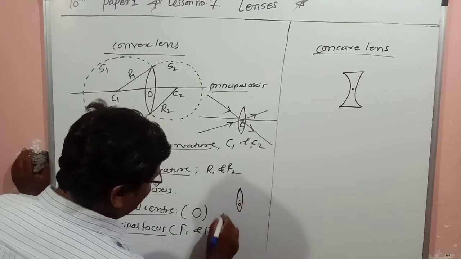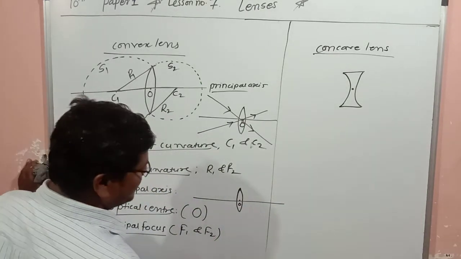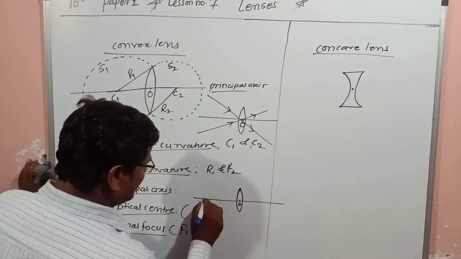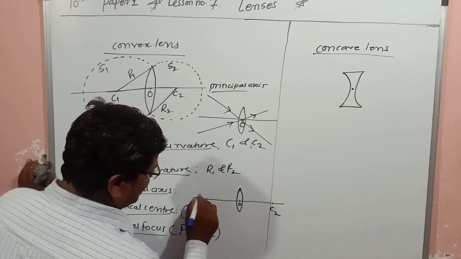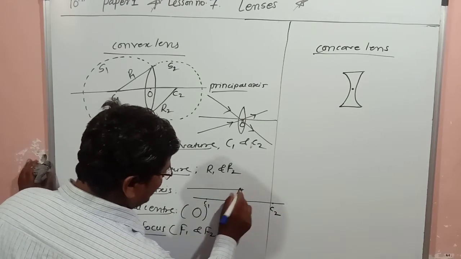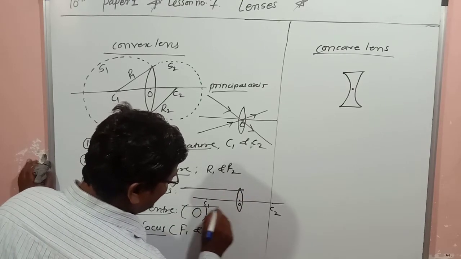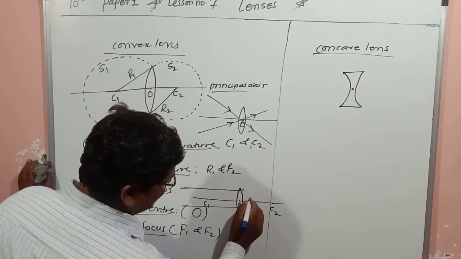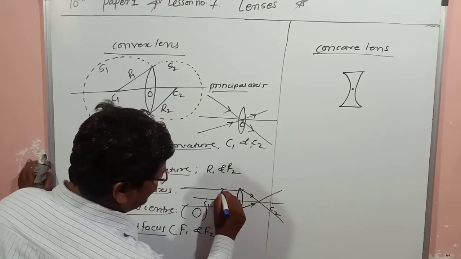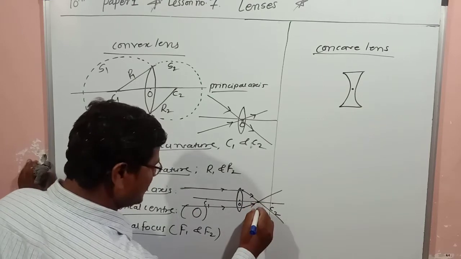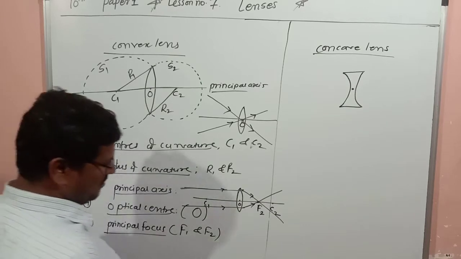Here will be the optical center, here the principal axis, and here C1 and here C2. If light rays are coming parallel to the principal axis from this side, after refraction they meet at a single point on the principal axis. Suppose this one is F2, the principal focus.